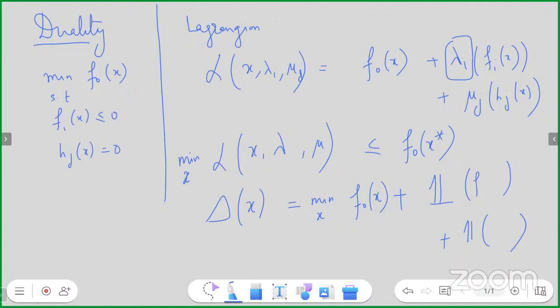Okay, so indicator. What does it mean? An indicator, h j equal to 0. Yeah, what does it mean? So whenever fi of x is less than or equal to 0, it will give you 1, except in other cases. For which values of x, if fi of x is greater than 0, it will give you a 0. That won't work.